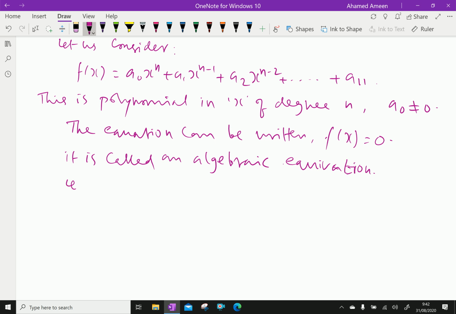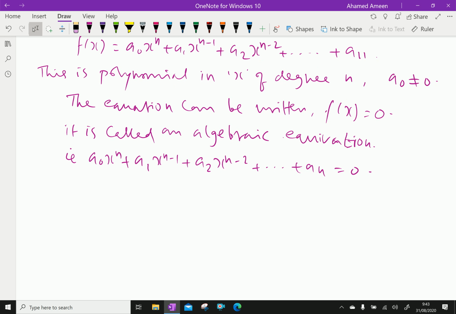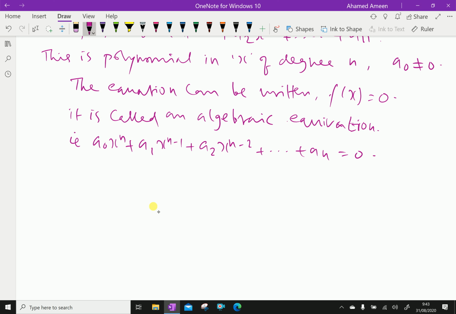That is, we can say a0 x power n plus a1 x power n minus 1 plus a2 x power n minus 2 and so on, plus an equal to 0 is the algebraic equation of degree n.